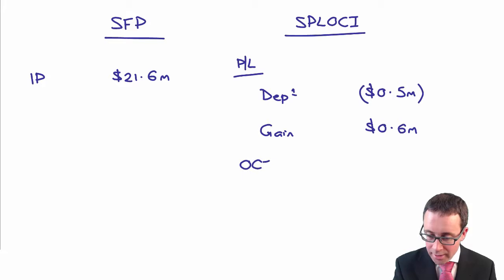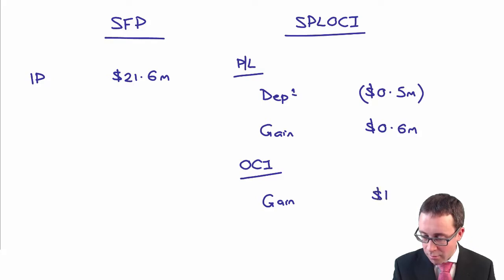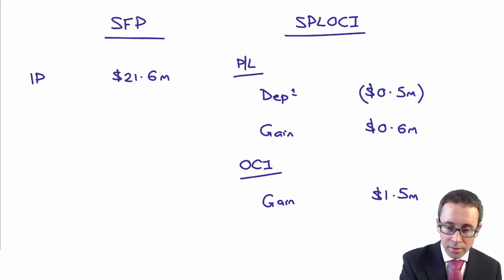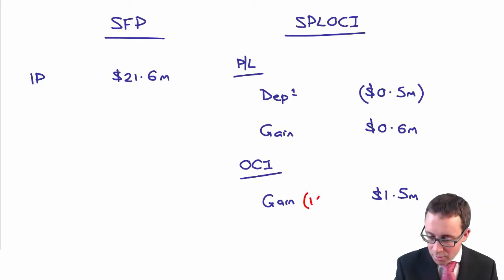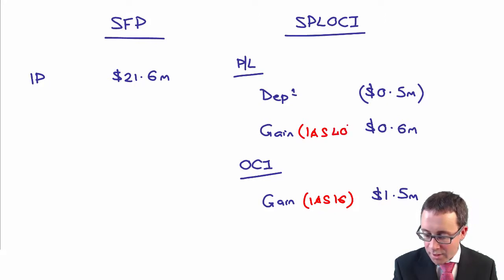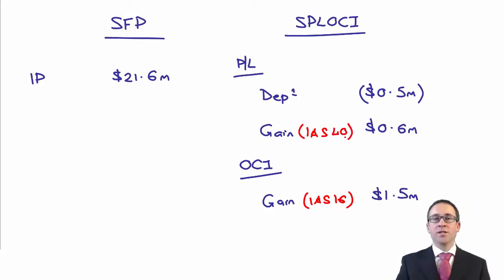In other comprehensive income, you also have a gain, and that gain there through other comprehensive income was 1.5 million, wasn't it? Because that gain arises when we transferred it out under IAS 16, and then once it was there as investment property, it then was treated under IAS 40, wasn't it?